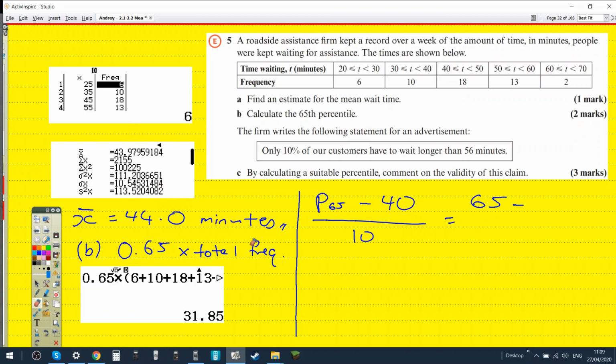What was it? 31.85. 31.85 take away 16 out of 18. Okay. Yeah. Okay. I'll put that into my calculator then.